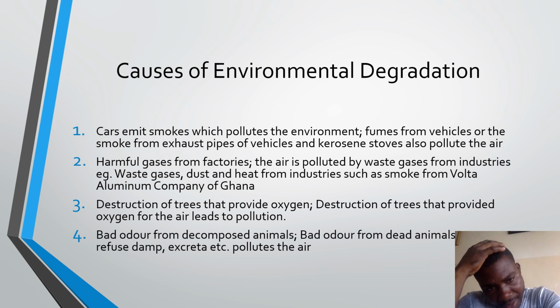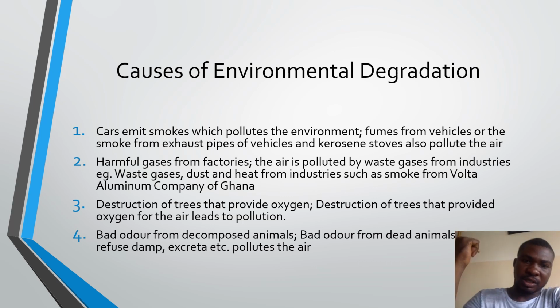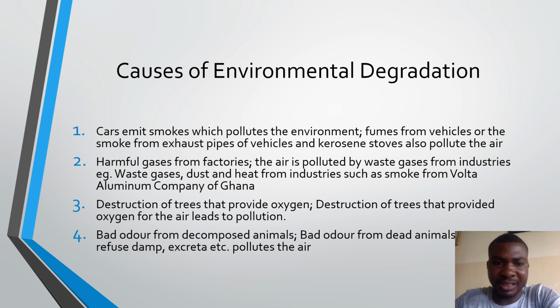Then three, destruction of trees that provide oxygen. Destruction of trees that provide oxygen for the air leads to pollution. When we cut down trees, the trees provide us with oxygen, and we also give them carbon dioxide.